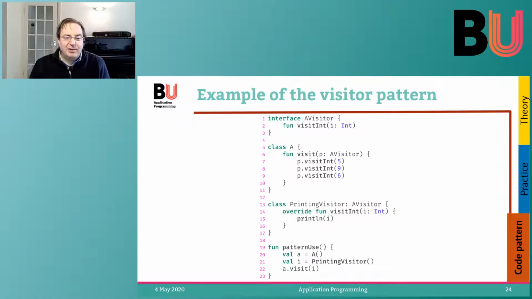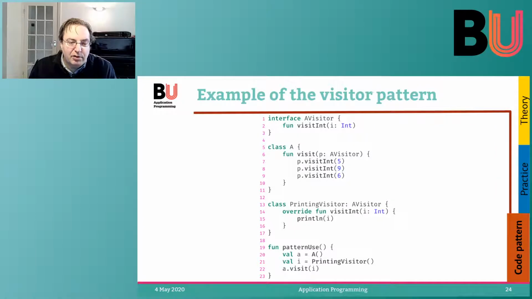Then we can have an implementation of that visitor that provides an implementation of visit int, and in this case it calls println, but it could also say int colon i, so it could do something more. It could have a visit boolean or visit string, and it could print the contents of your A object in whatever way you like. The A object doesn't need to care.